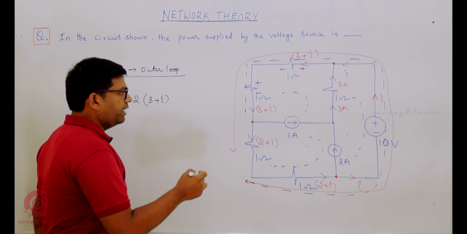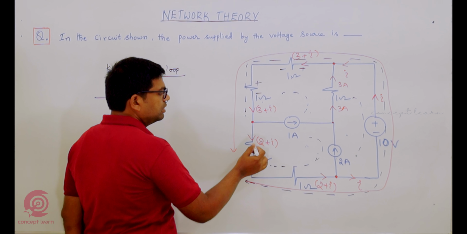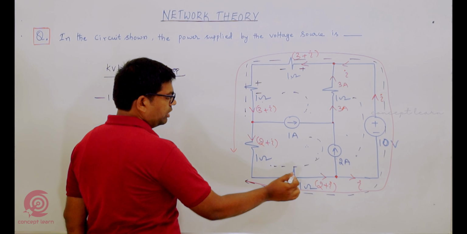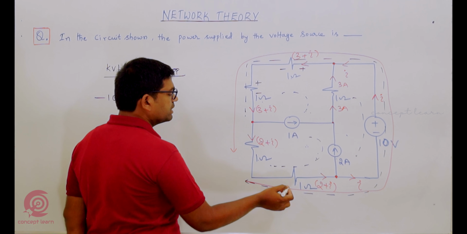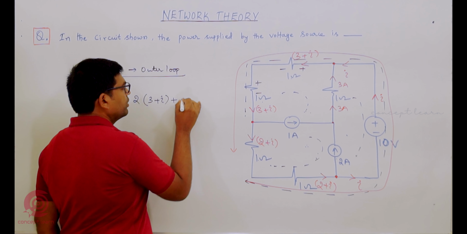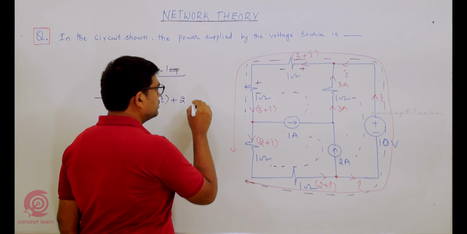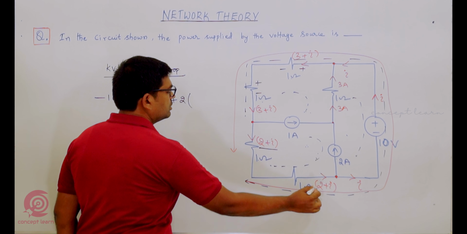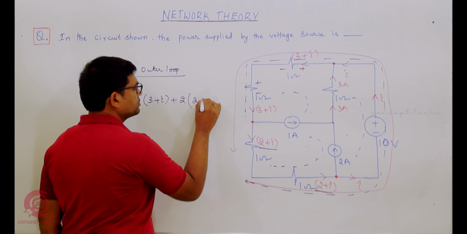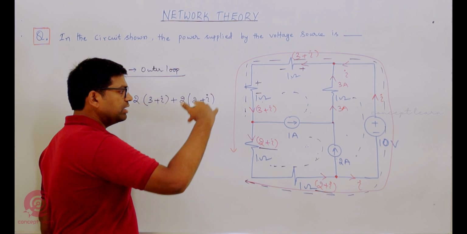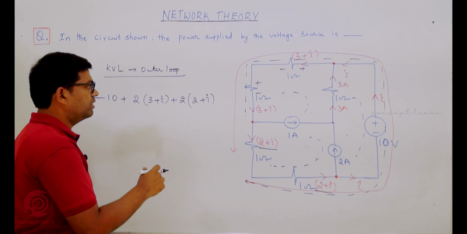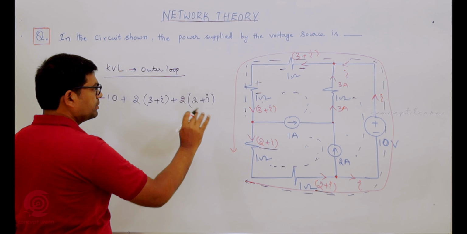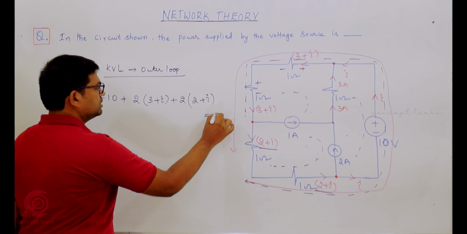Next, another two 1 ohm resistances are there. If you directly add, 1 plus 1, both connected in series, so 2 will come. Both are carrying the same current, which is 2 plus I. Now we have completed all the elements in this outer loop. We took the algebraic sum here: the algebraic sum of voltages in a closed path is 0.